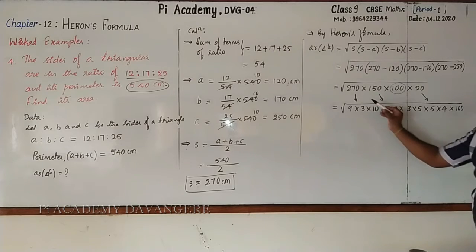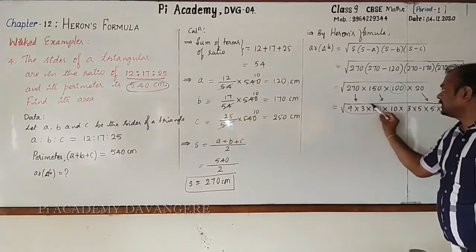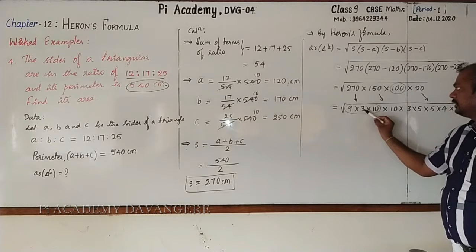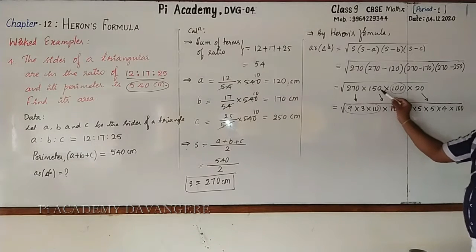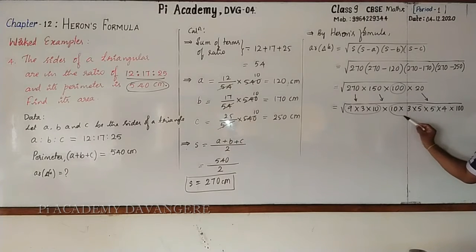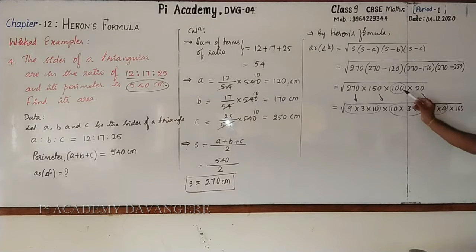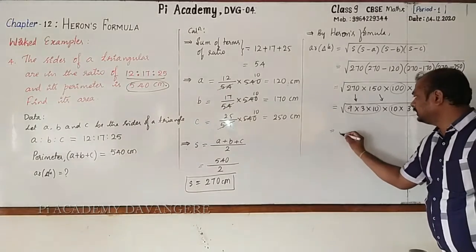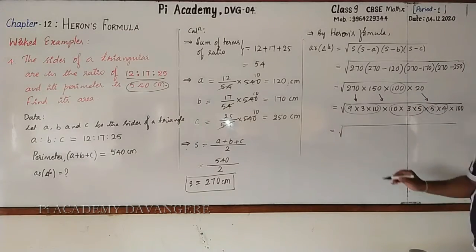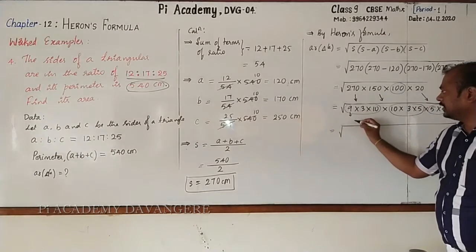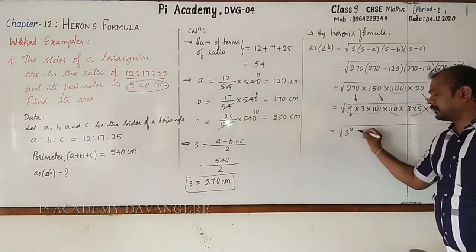Once I repeat, 270 is written as 9 threes into 10. 150 is written as 10 into 3 fives, which is 150. 20 is written as 5 fours. The remaining 100 is kept as it is. Now this is equal to square root of, look here, 9 is there, I will write 3 square.